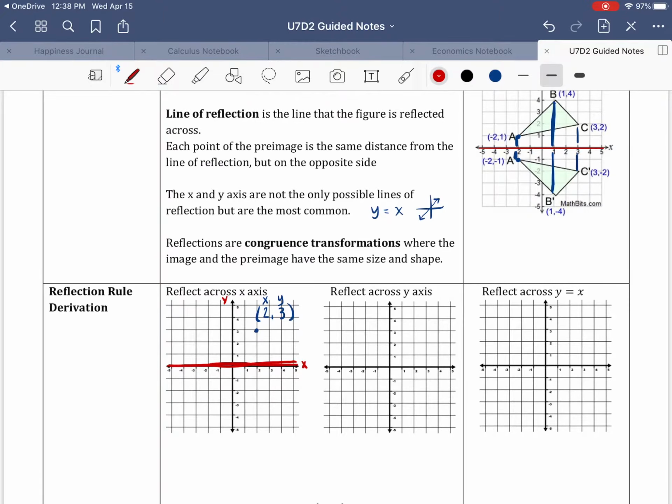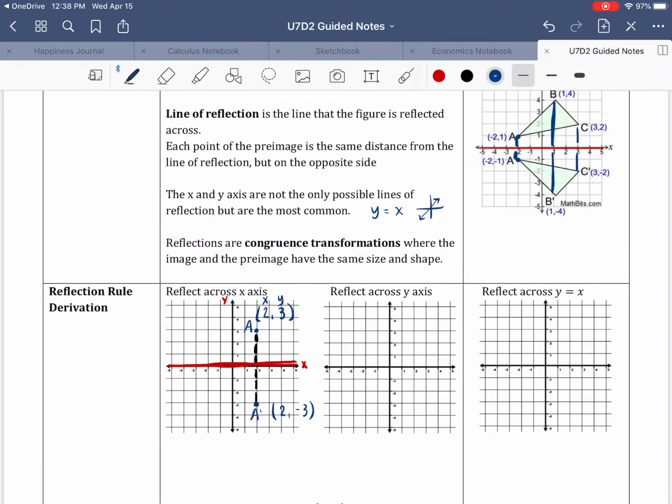We discussed that all of the reflections are equidistant from the line of reflection, which means if it is 1, 2, 3 units to the line of reflection, then the image will also be 1, 2, 3 units away from the line of reflection, which gives us this point right here. So A here becomes A prime, and that coordinate point is 2, -3.